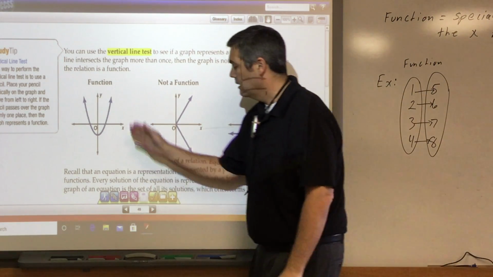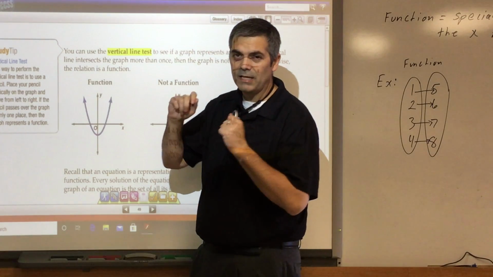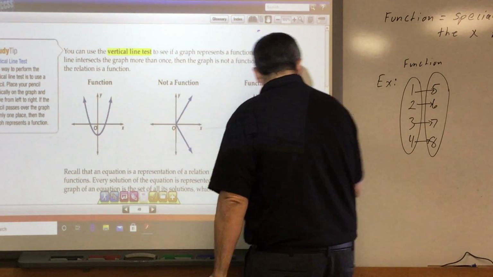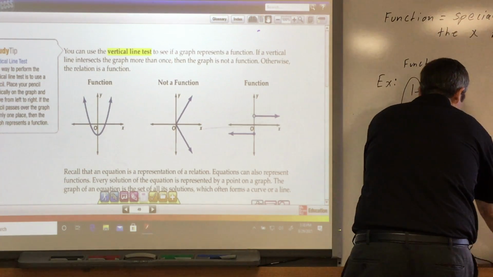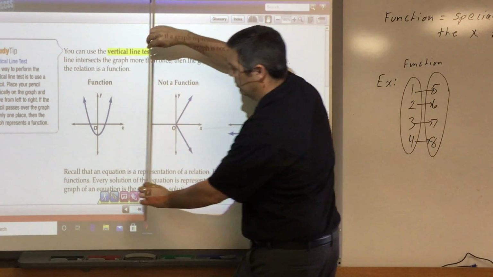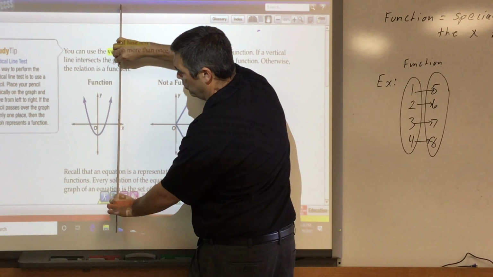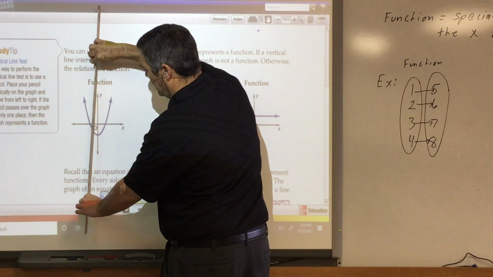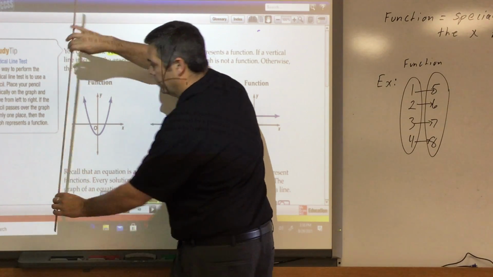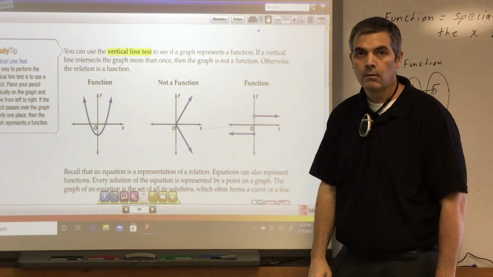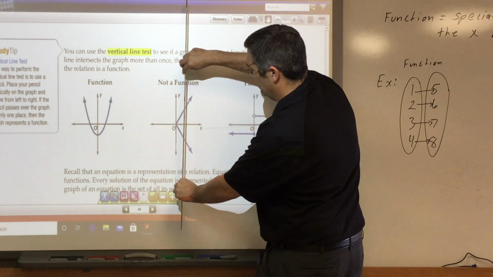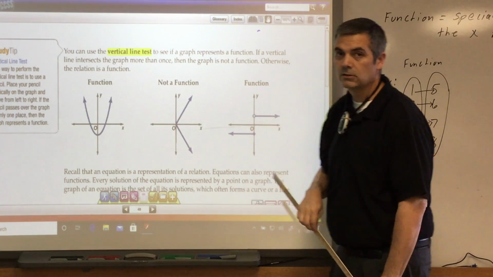Okay, so like this, if I took a vertical line, and a lot of times I like to take my pencil, a piece of paper, something, and go along it. When I'm doing it up here, a lot of times I'll use a ruler so that they can see it, and I just come across, and if it only ever touches at one point along that line, at any given time, it's a function. Okay? If I cross over 2 points, like there, whoop, not a function.